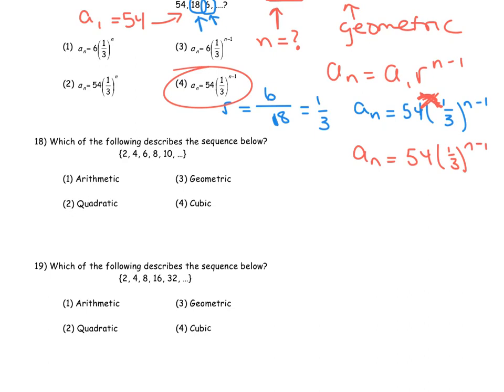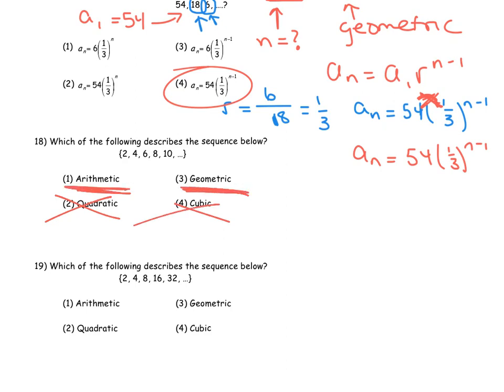Which of the following describes the sequence below? The only sequences we've ever talked about are arithmetic and geometric, so immediately you should be ruling out quadratic and cubic. Those are not sequences we've learned.